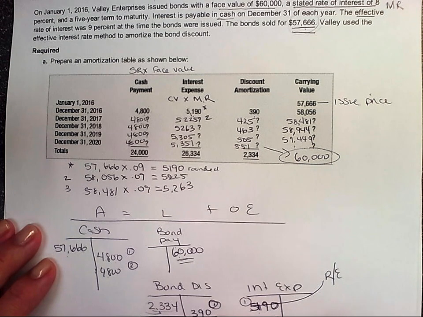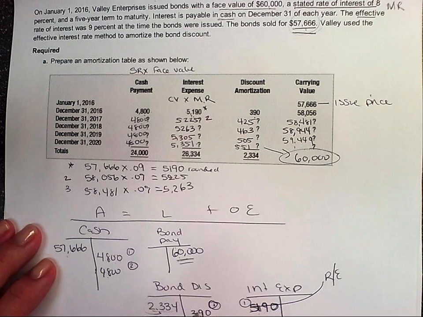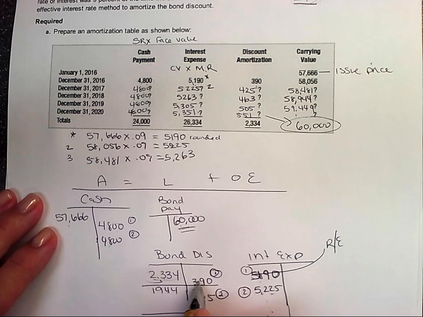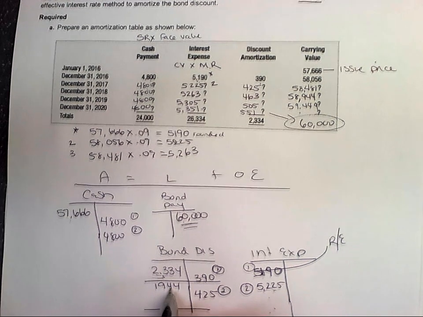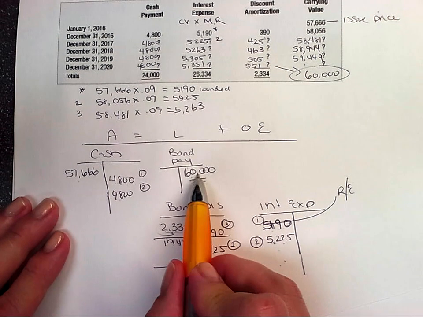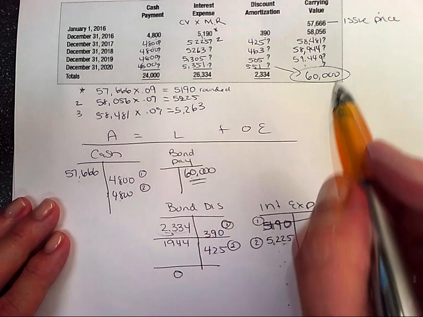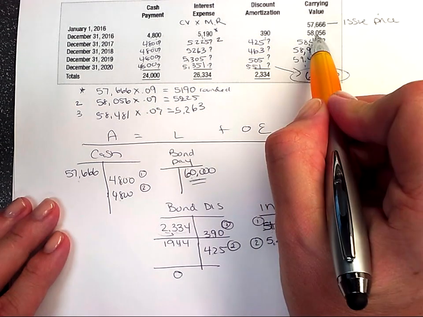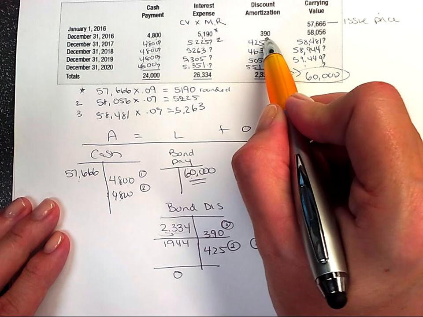And in year one, the difference between these two was $390. So I'm reducing my bond discount by the $390, thereby making the amount left in the discount $1,944. If I take the $60,000 bond that I'm paying in 5 years, subtracting the bond discount account, my new carrying value should be $58,056, or $57,666 plus the $390.